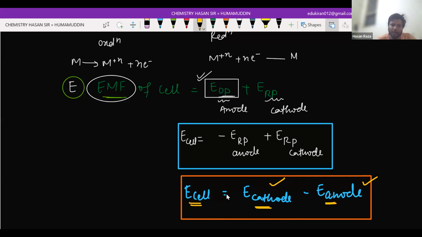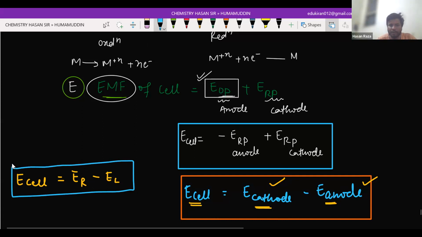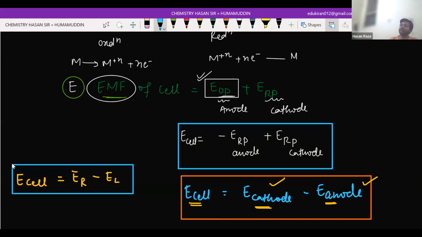And we can also modify this formula: E cell is equal to E right minus E left. Don't use the oxidation potential, convert it into a reduction potential. Are you getting my point? Yes. Very good, thank you. And a standard reduction potential will be given.